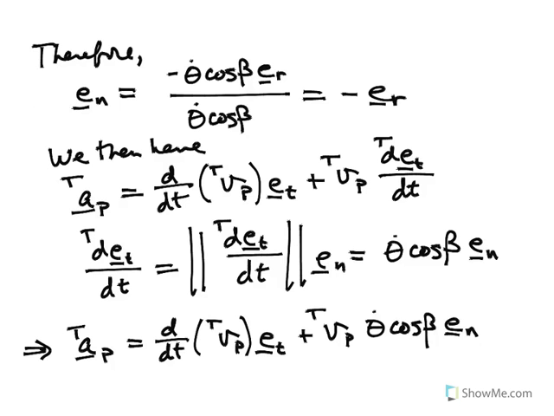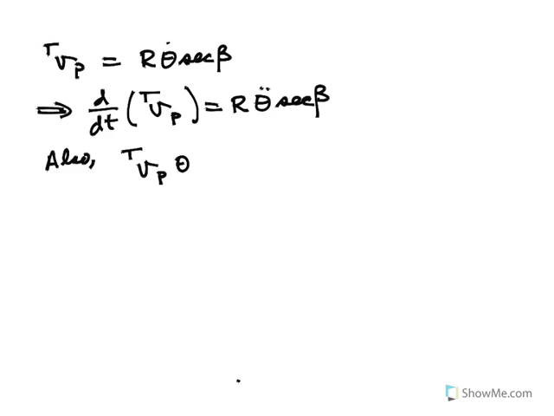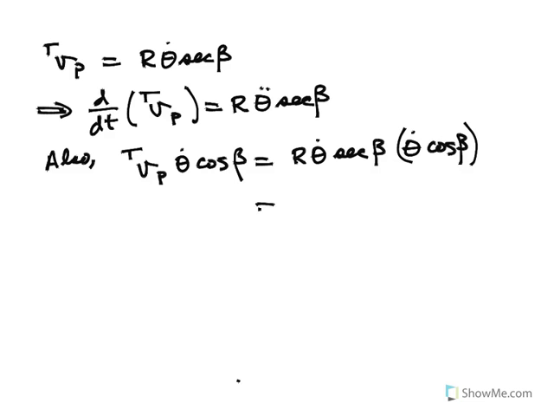The next term is the speed times theta dot cosine beta. That is equal to r theta dot times the secant of beta times theta dot times the cosine of beta, which is equal to r theta dot squared. The secant is 1 over the cosine, so the secant and the cosine cancel each other out, and we're just left with r theta dot squared.